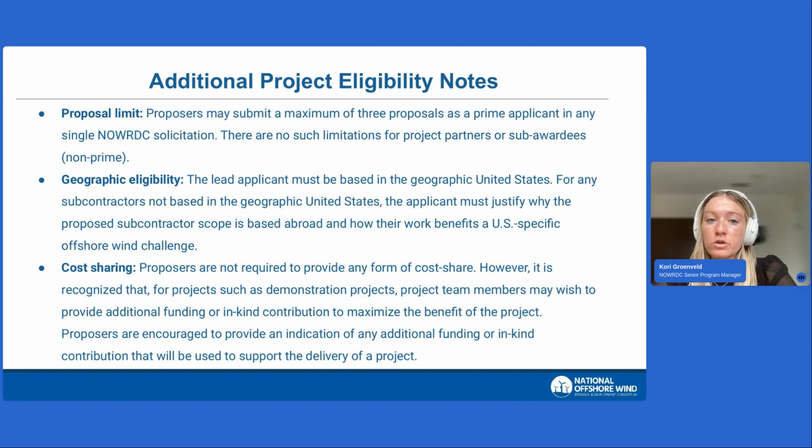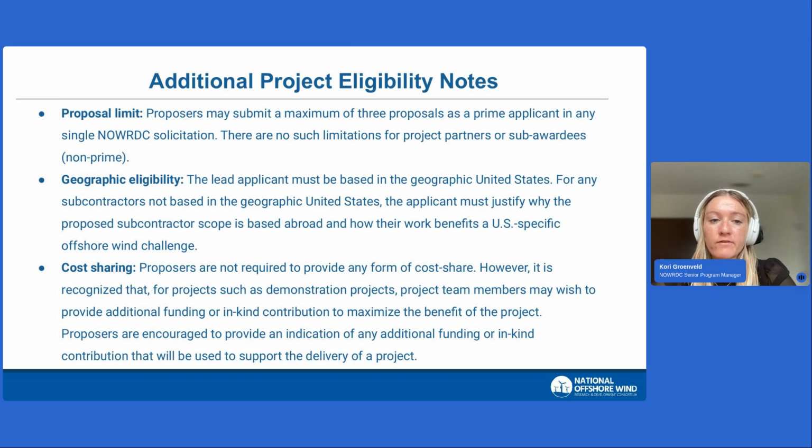Then we have some additional notes on project eligibility. So proposers may submit a maximum of 3 proposals as a prime applicant in any single NOWRDC solicitation. This limit applies to institutions, not just to individual PIs. There are no such limitations for project partners or subawardees, so non-prime applicants that are part of bigger proposals.